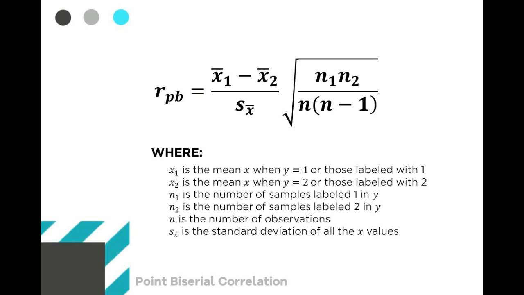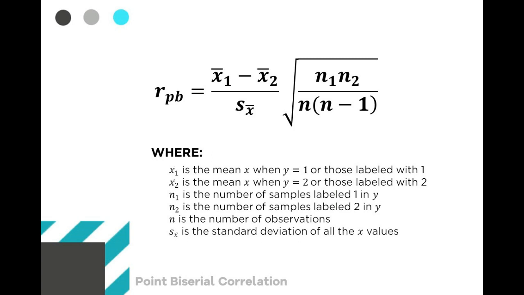Okay, so that is the standard deviation of all the x values multiplied to the square root of n sub 1, which is the number of the samples labeled as 1, times n sub 2, over n times the quantity of n minus 1. So that's the formula of our point-biserial correlation.